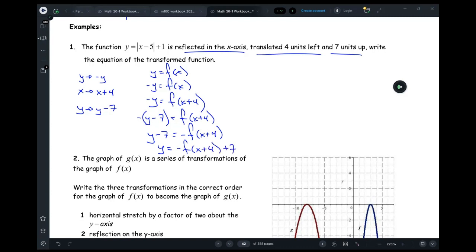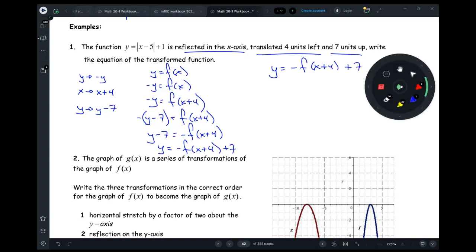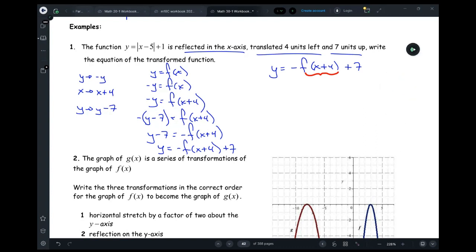Now, let's start with that, and I'm going to create the actual function here. So it's going to be negative f of x plus 4 plus 7. And what I'm going to do first is this little bit right here, because really what I've got here is the function notation. I've got this set of parentheses. I'm going to deal with that first. So remember, that x plus 4 is going to replace the x in the actual function.